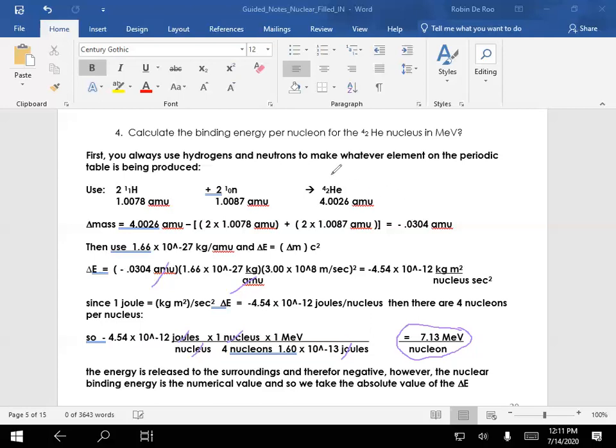You'll be given any possible atom here. You always use the hydrogens and the neutrons, and then you have to determine how many moles of each. If you follow through with these steps, then you'll get the MeV per nucleon.